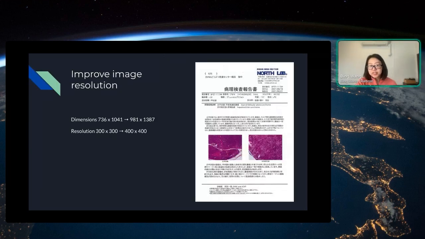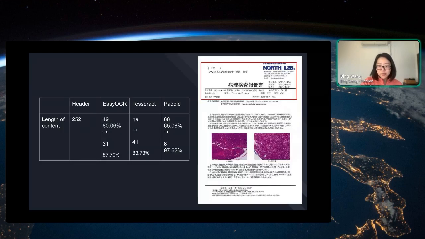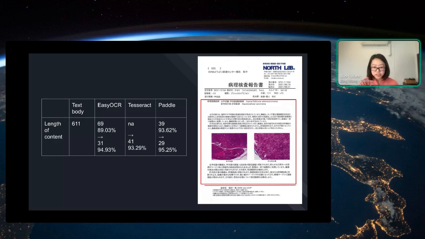I did the same thing for this document, improved the pixel density by 100%, and went back to analyze the documents. As you can see here, with an improved resolution, the models did a significantly better job compared to the previous results.